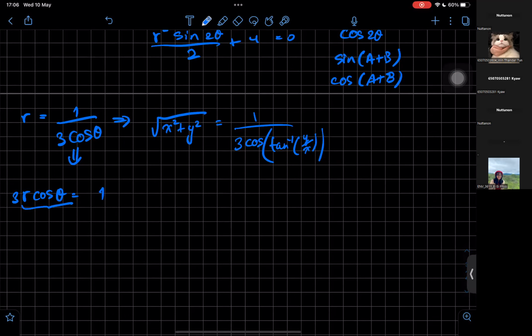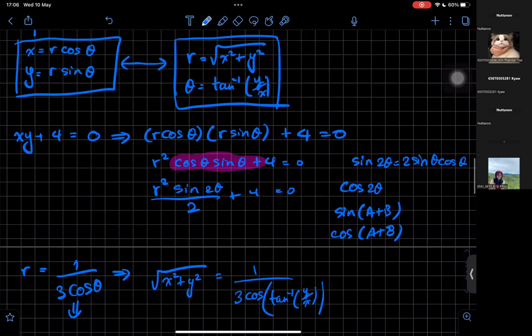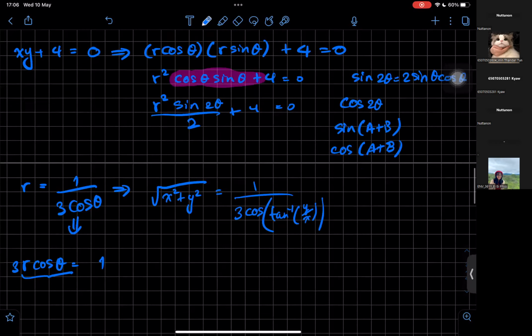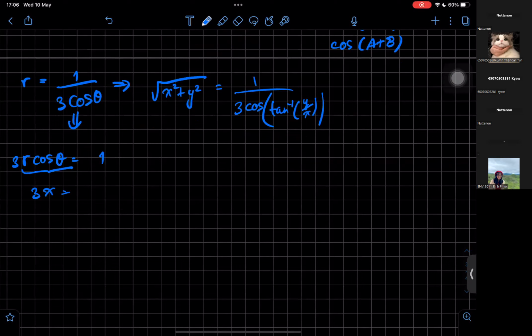And our cos theta here is x. See? So this thing will be 3x equal to 1. Something like this. So you can get something like this one.